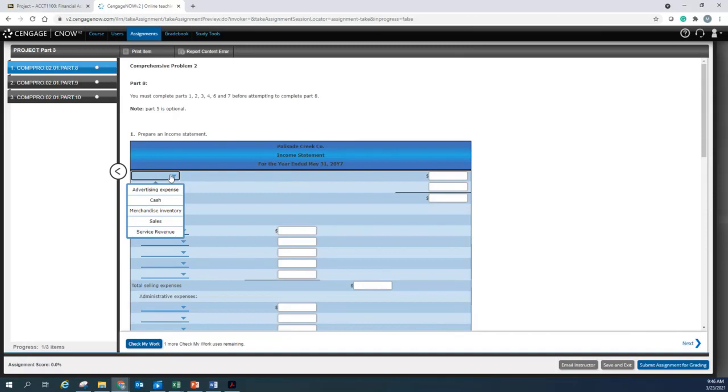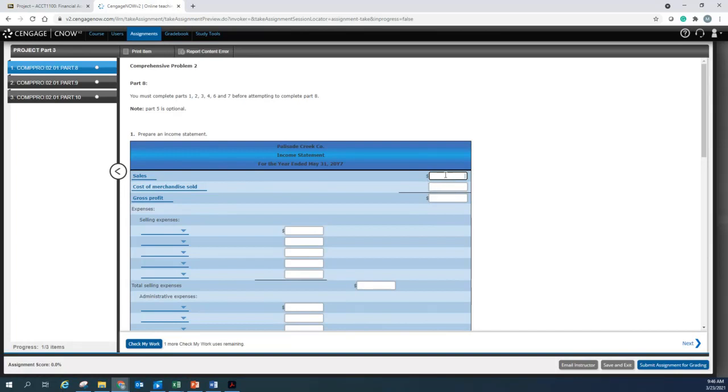You just need to know what to do. And you select the appropriate account here. You know, income statement, first thing is going to be sales. Next, cost of merchandise sold, gross profit.